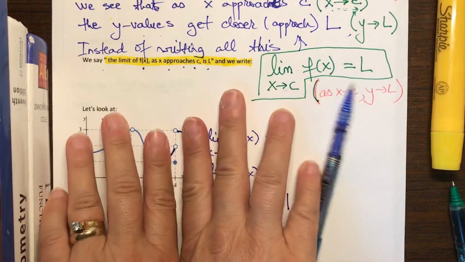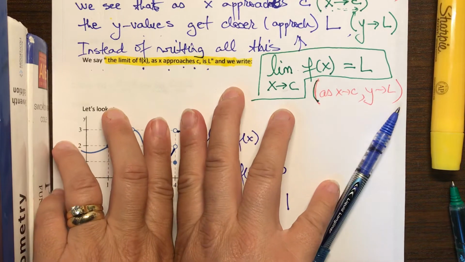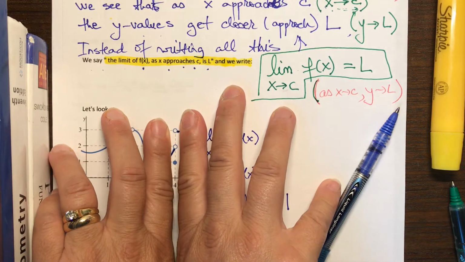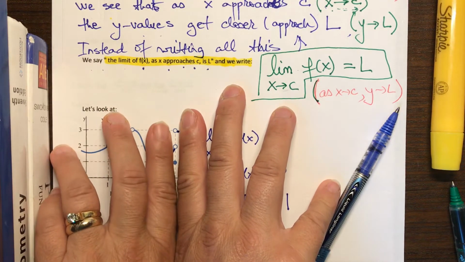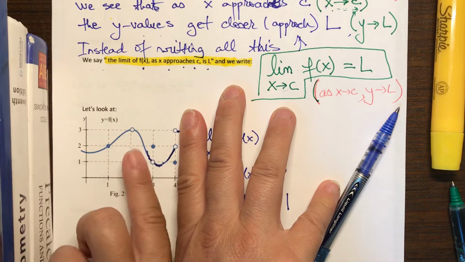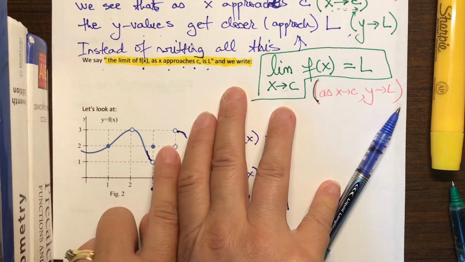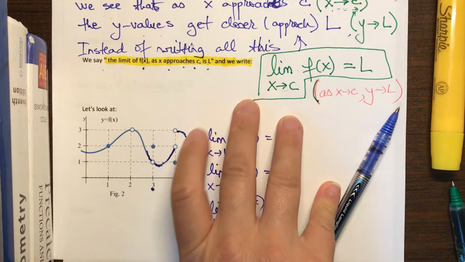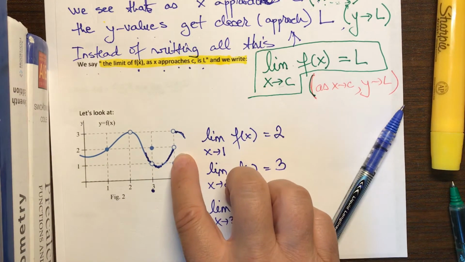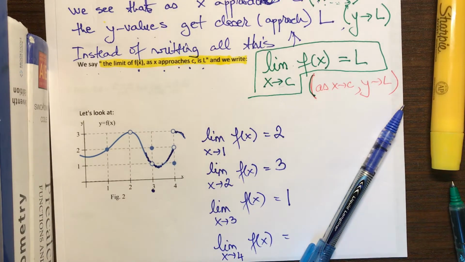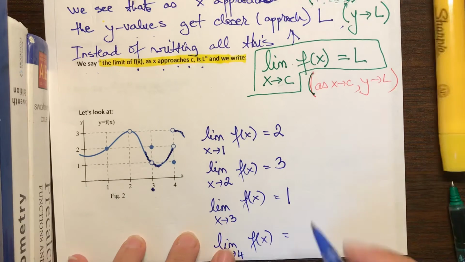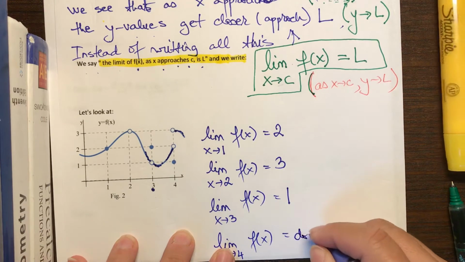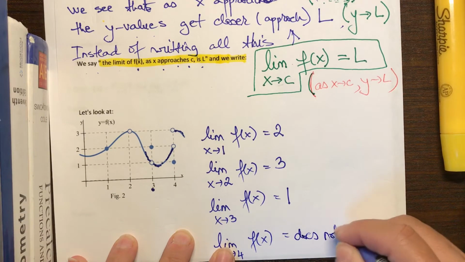Near the value 4, a whole bunch of stuff is happening. Coming in from this side, I'm actually merging onto 2. Coming in from this side, I'm actually merging onto 3. The function value is this dot here. That's a whole different story, by the way. So, believe it or not, the answer for this is that it does not exist.